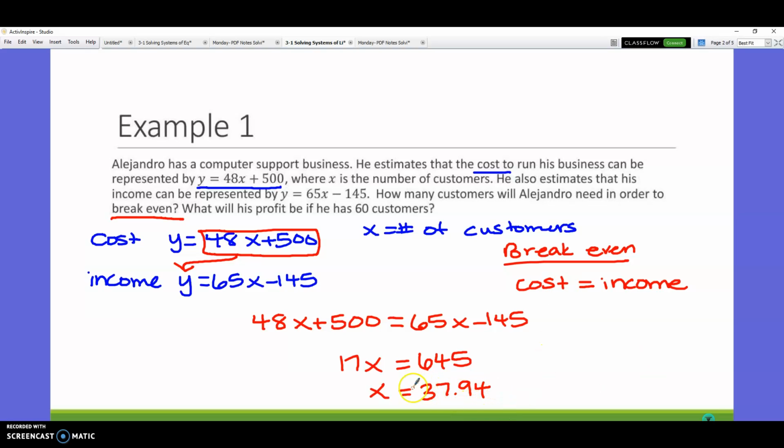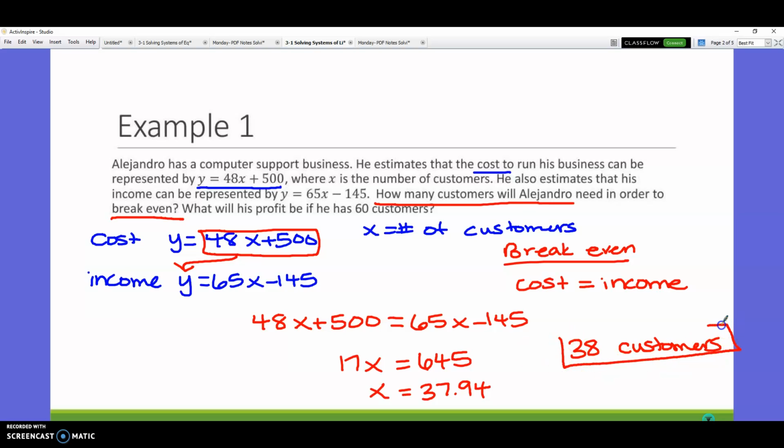So if I'm talking about the number of customers, if I want to answer this question, how many customers will Alejandro need? Customers, we cannot round. We cannot use the decimal version. We have to round. So 37 customers is not enough in order to break even. In order to break even, we'll have to round this up to 38 customers.